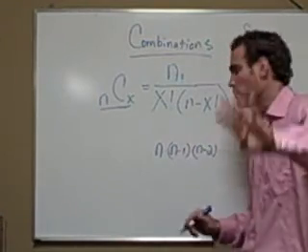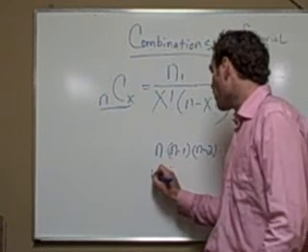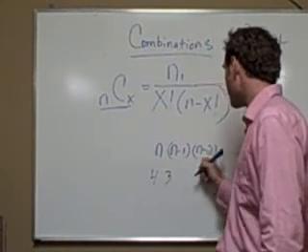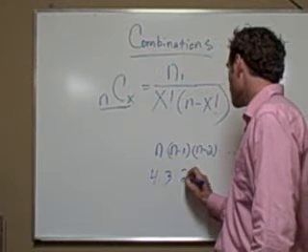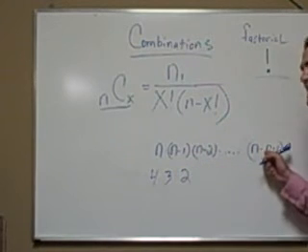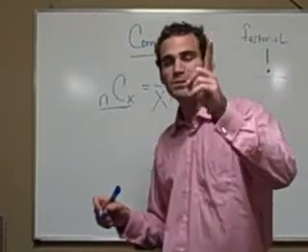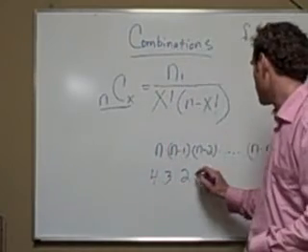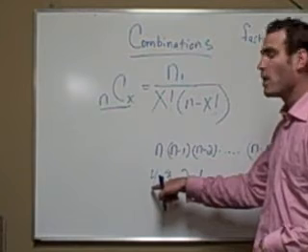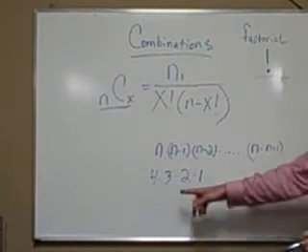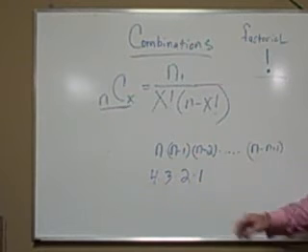We have 4, right? So what's n? N is 4. N minus 1 is 3. N minus 2 is 2. N minus n is 4 minus 4, 0, plus 1 is 1. So we take our number n and multiply in descending order, subtracting 1 always, until we get to 1.